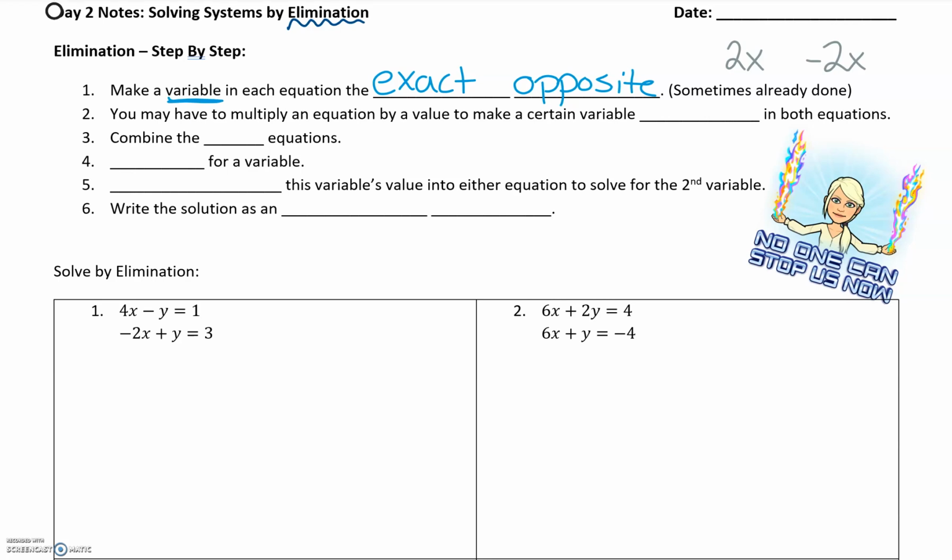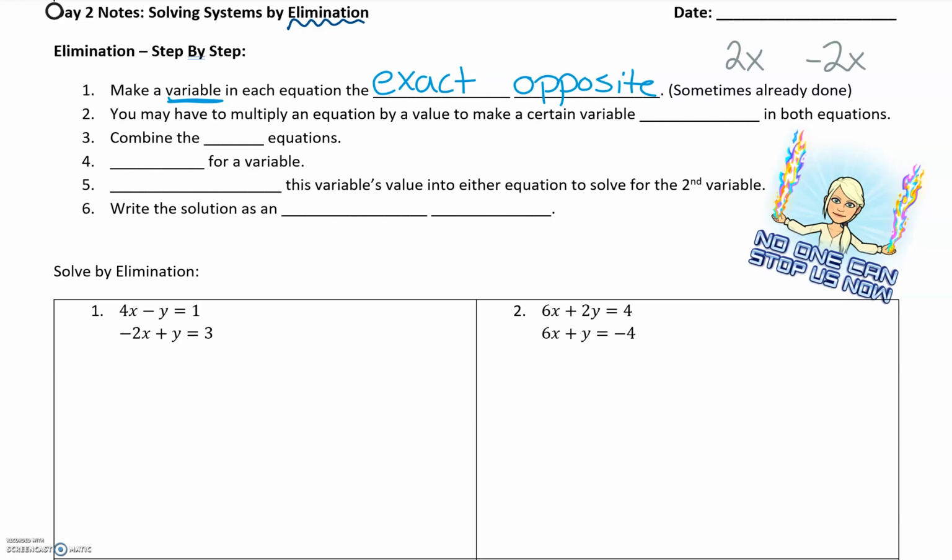They give us 0. 2x plus a negative 2x is 0. That's what I mean by exact opposite. Whatever the number is with the variable, they need to be the opposite sign. If it's already done, then you skip over number 2 and go straight to number 3. If it's not done, then we have to use step number 2 to help us get them to be opposites.